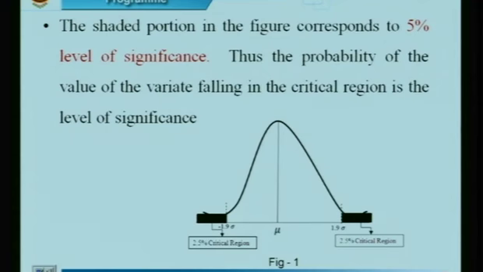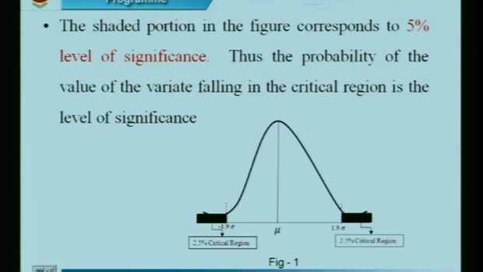And similarly, another one we have taken in the figure, up to the first limit, minus 1.96 and plus 1.96, and outside this we extend up to 2.58 to the positive direction and minus 2.58 to the negative side of the central ordinate of this standard normal curve, and we take these two regions as the second critical region.